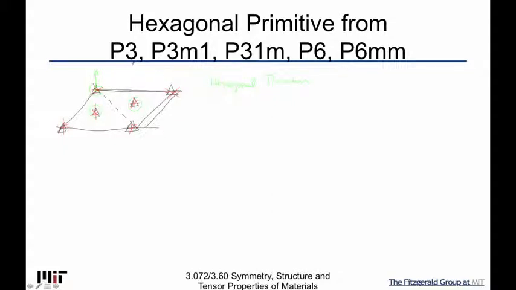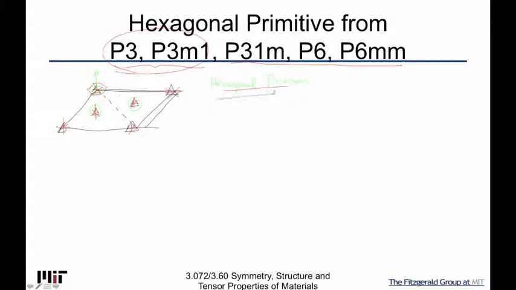And it's going to turn out that the identical ones allow you to have another option, because you essentially can go to this middle one here because it's identical to the one here. In the case of P31M, P6, and P6MM, it turns out you can only have the hexagonal primitive because, for example, in the case of P31M, this threefold axis is not the same as this one, and therefore you can't have this option. And in the case of P6, it's not the same because, of course, this is a sixfold and this is a threefold.